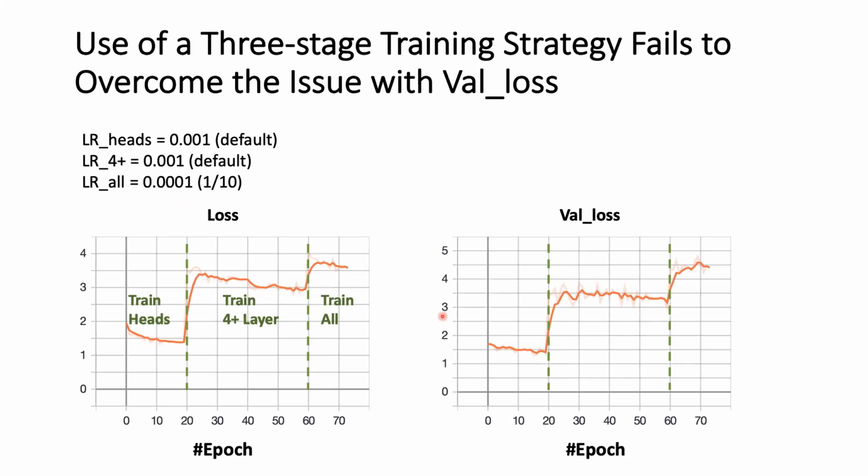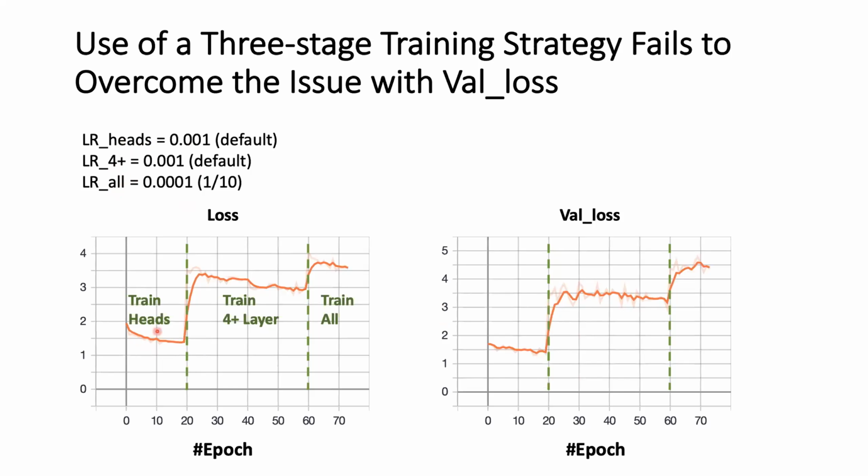So we did some research on this, and we found that some people, instead of using this 2-step training, have another step where between the head training and all layer training, they insert a 4+ layer training. Basically you freeze some of the layers and only train part of the layers. We adopted this, but as you can tell, when we train the heads, we can see the error goes down.